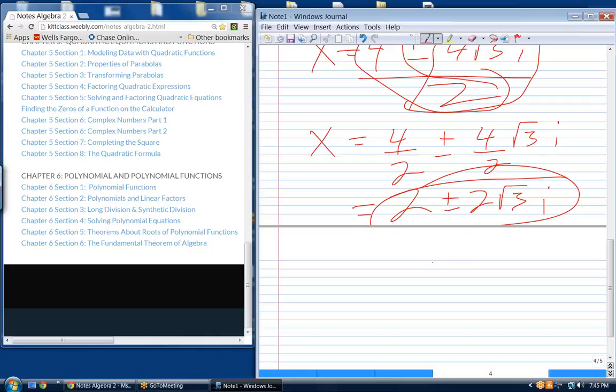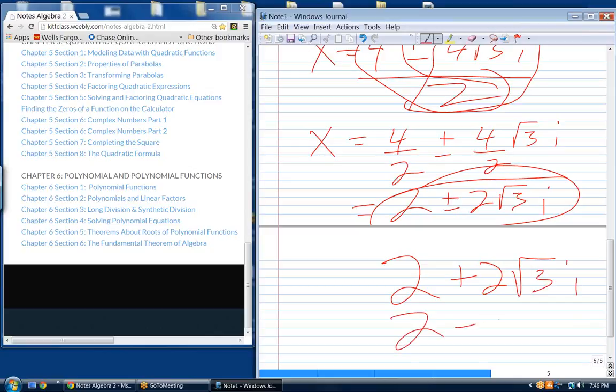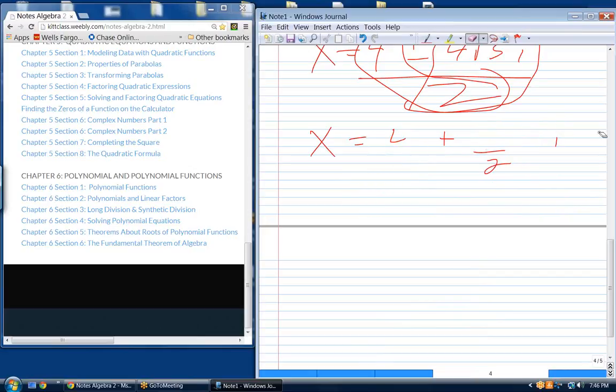If I told you that one solution to that equation was 2 plus 2 root 3 i, then you could tell me automatically that another solution is 2 minus 2 root 3 i. Always. If one solution to an equation is i, the other solution is minus i. Imaginary always comes in pairs. Conjugate, basically.